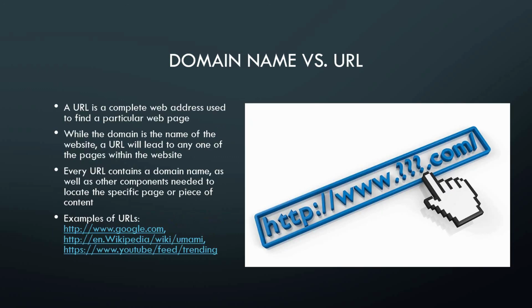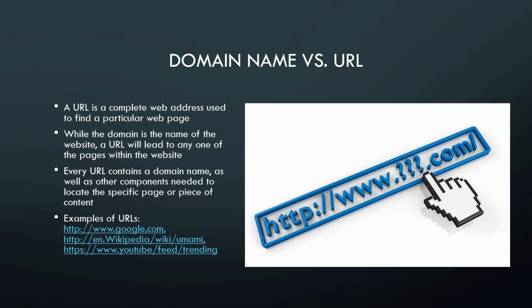Now, the difference between a domain name versus a URL. A URL is a complete web address used to find a particular web page, while a domain is the name of the website. A URL will lead to any one of those pages within the website. Every URL contains a domain name, as well as other components needed to locate that specific page or a piece of content.